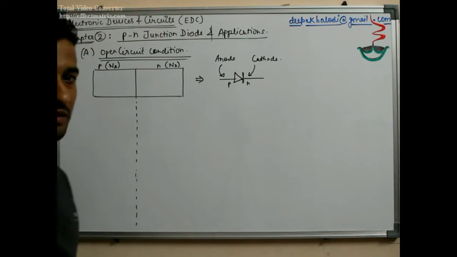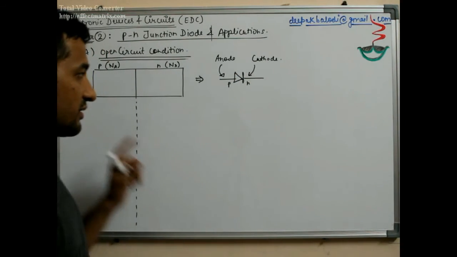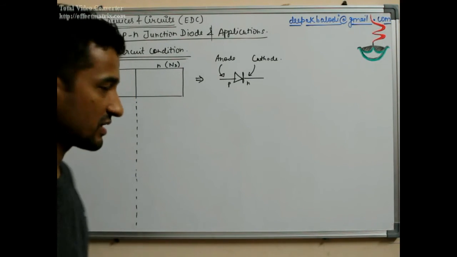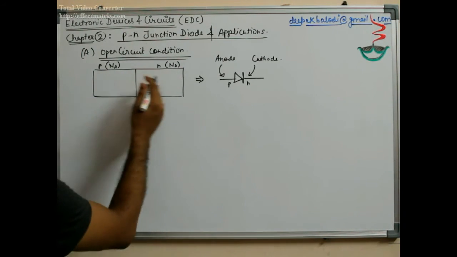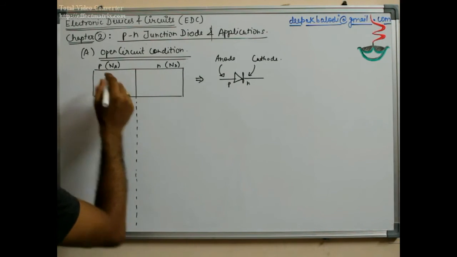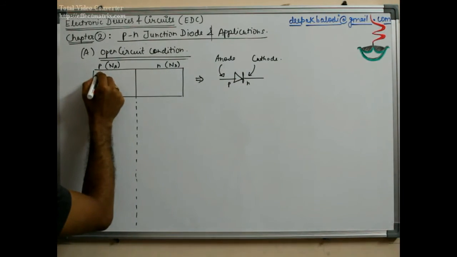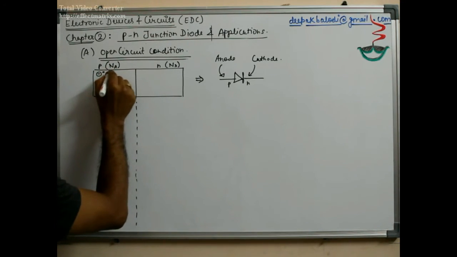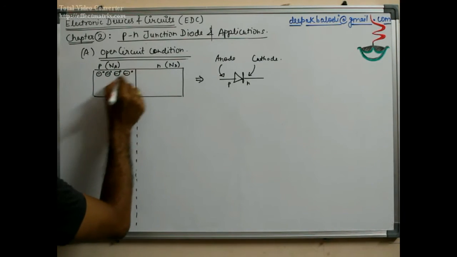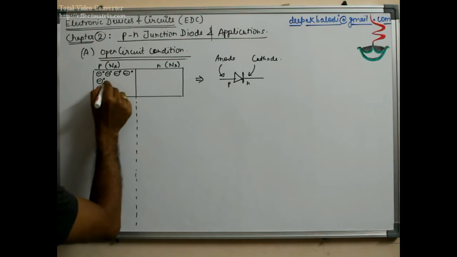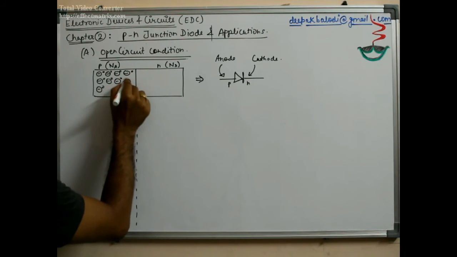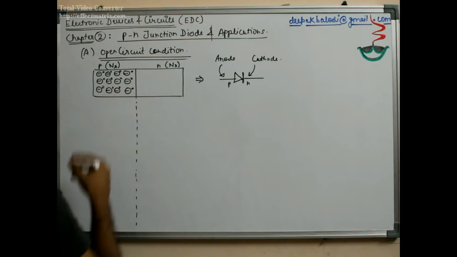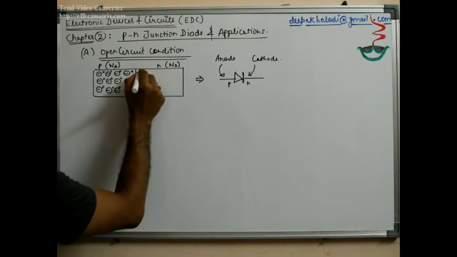Later on we'll come to the circuital understanding of the PN junction diode. Let us first focus on the semiconductor-level, or microscopic, understanding of the PN junction diode. So let me draw the same scenario as I have drawn there: on the P side we have this, and on the N side we have this.